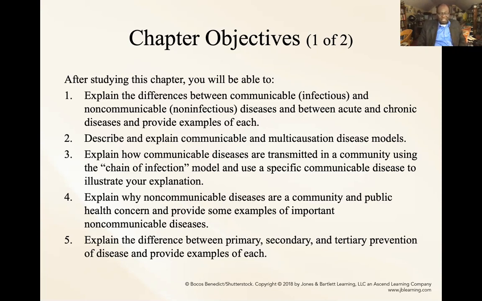Explain why non-communicable diseases are a community and public health concern, and provide some examples of important non-communicable diseases. Explain the difference between primary, secondary, and tertiary prevention of disease, and provide examples of each.